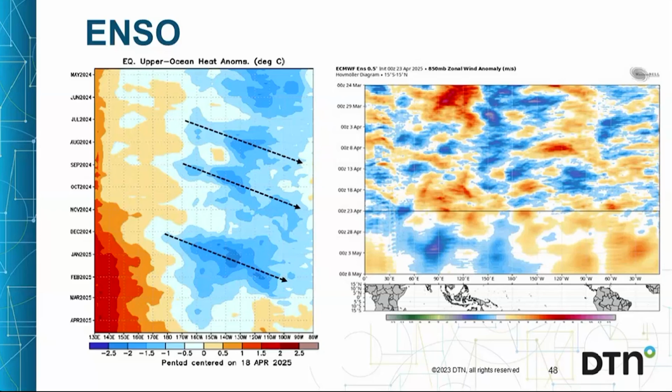And easterly winds look like returning to the Central Pacific around mid-May, which should subdue any warming trend in the Central Pacific. There's volatility continuing in the ENSO guidance beyond July, but we're still looking at a cool ENSO neutral or even a weak La Nina developing again later in 2025.